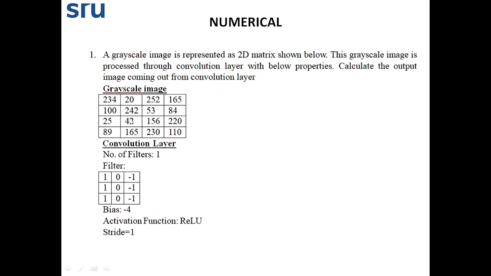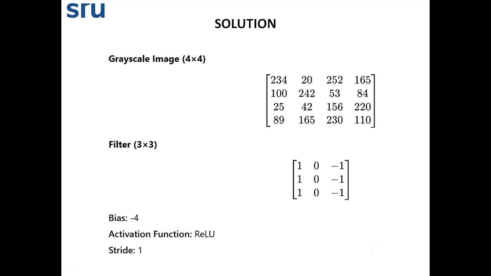So this is given as the grayscale image. Here in the convolution layer we have number of filters 1, activation function ReLU, stride 1. We have represented the grayscale image as 4 cross 4, with this filter, bias minus 4, activation function ReLU, stride 1.